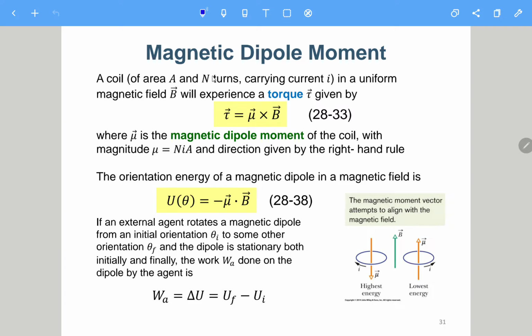At that time, we called that one electric dipole moment, and correspondingly, we have a magnetic dipole moment. So the equation looks so similar only by changing E to B, or changing epsilon naught to 1 over mu naught, usually like that. So similar equations there.